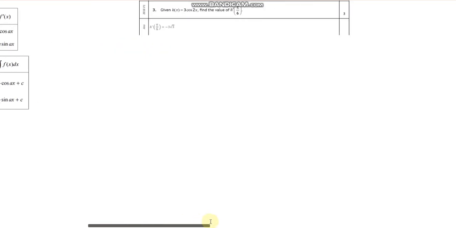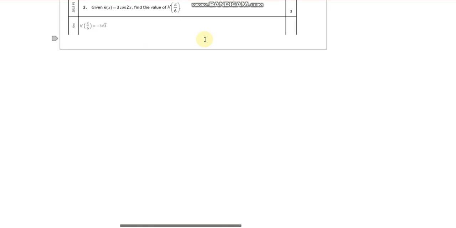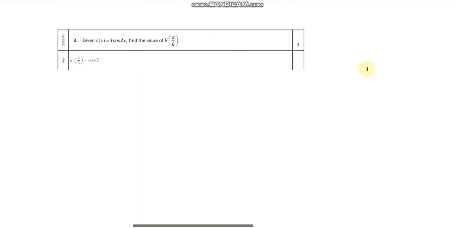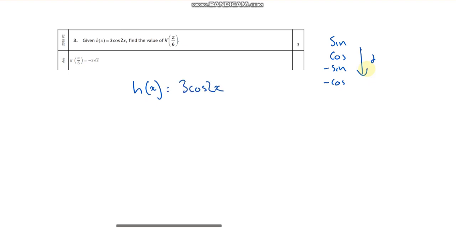Let's go for the next bit. Here we go. Look at that, it's the same thing again. So let's just write down, I know that sine differentiates to cos, differentiates to negative sine, to negative cos. So when I say h of x is 3 cos 2x, the h dashed: cos becomes negative sine, the bracket stays the same, the 3 even stays the same.